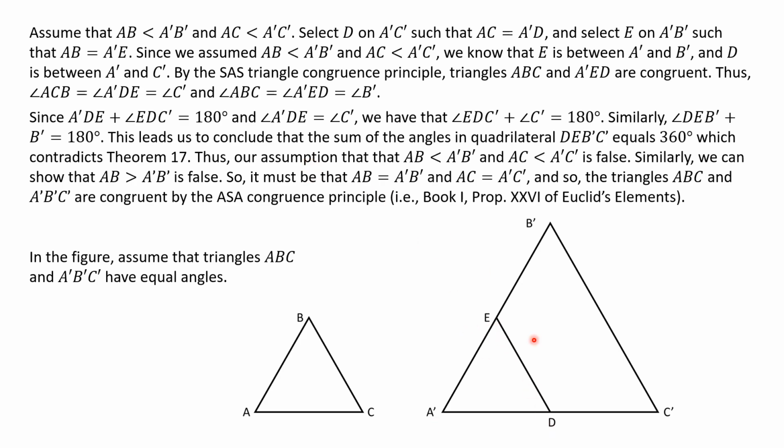Now what we want to do is show that this quadrilateral has angle sum 360, and that'll be a contradiction. So let's see how we can prove that.